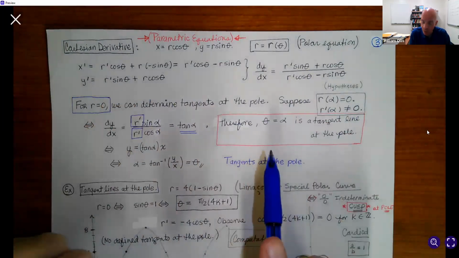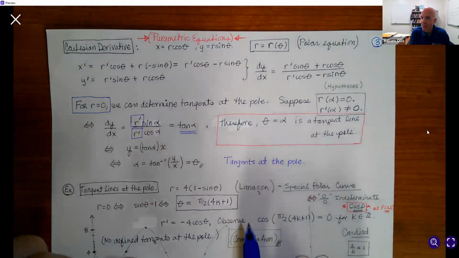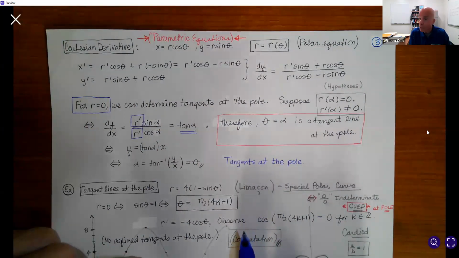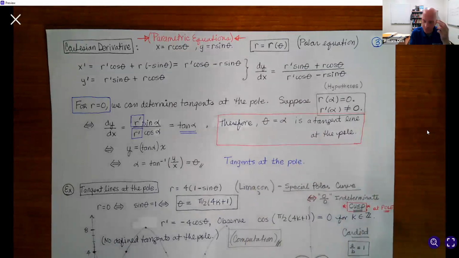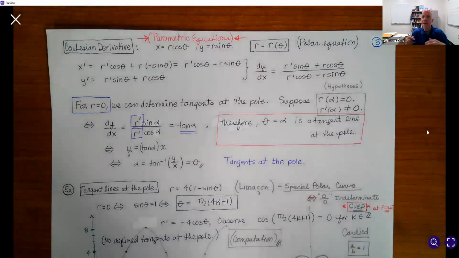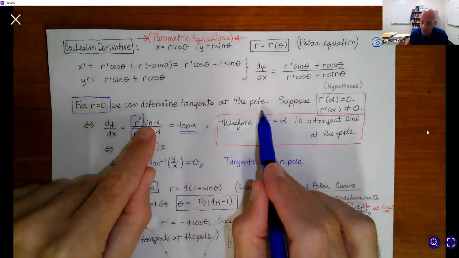Now, what we're interested in, and this is important for tangents at the pole, is r equal to 0. And this is what makes this so simple. It's like we're just making this up, but we're thinking of how we can define tangents at the pole just like we have tangent lines for Cartesian graphs. So r would be 0. We can determine tangents at the pole.